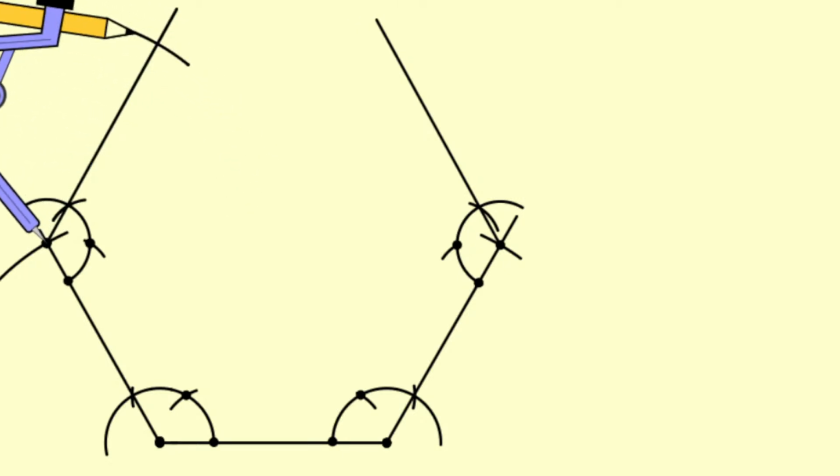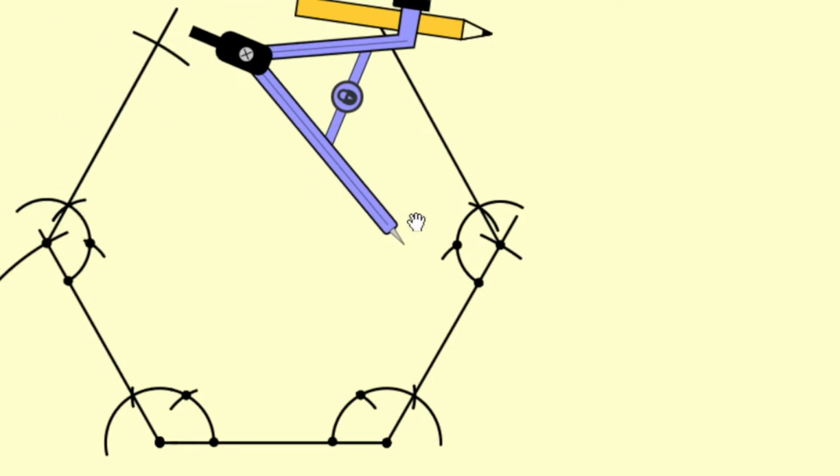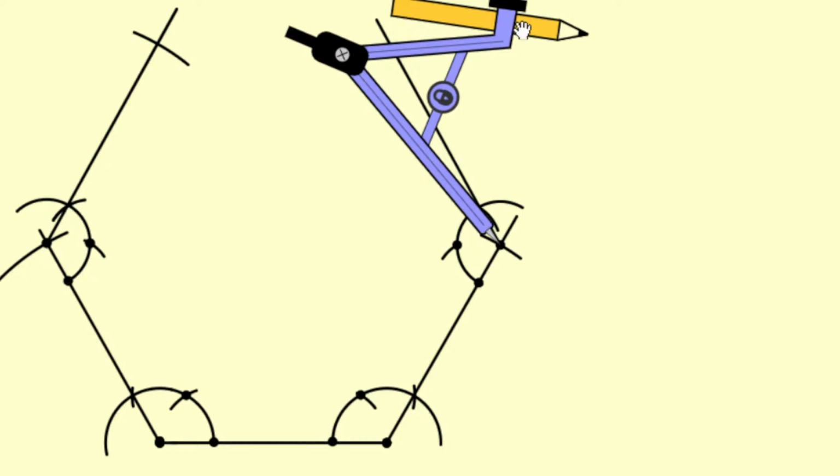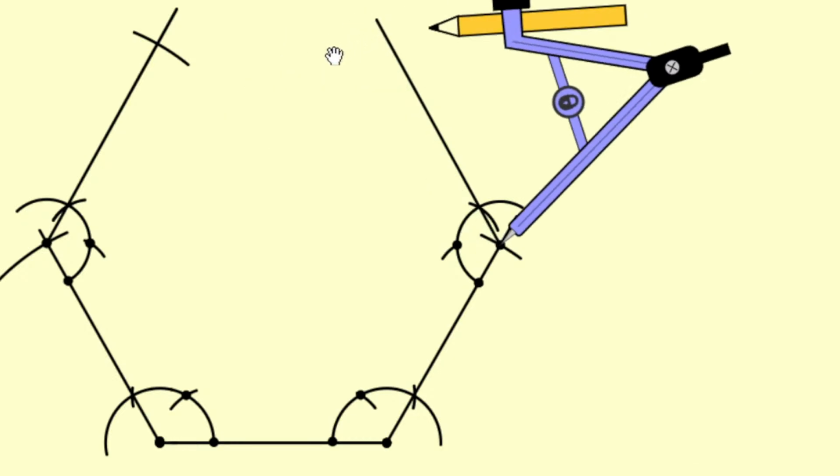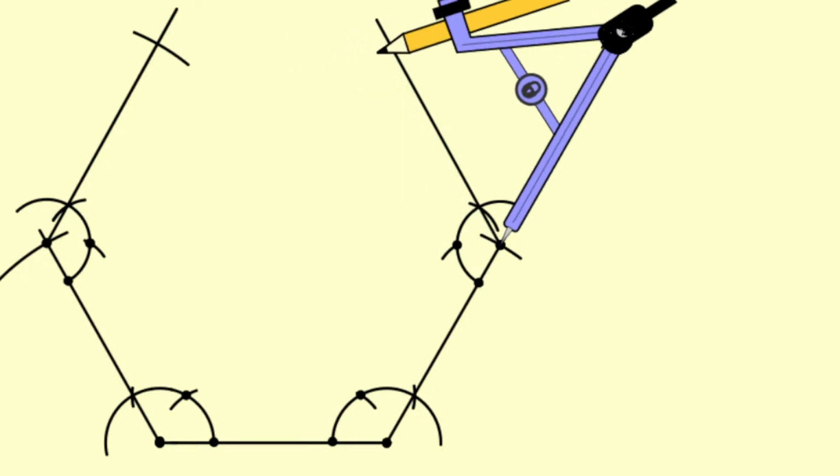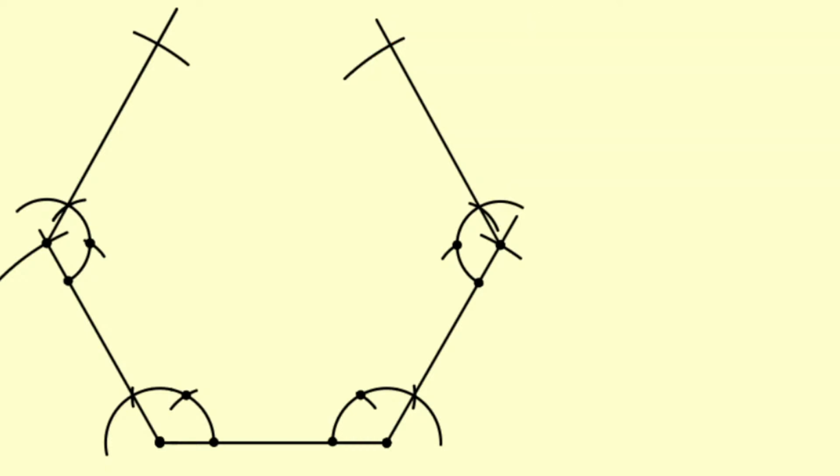Mark one arc like here. At that line, you have to mark an arc at a distance of 4.5 centimeter. Same thing we will do from the other side also. Keep your compass at this point and mark the arc at a distance of 4.5 centimeter.